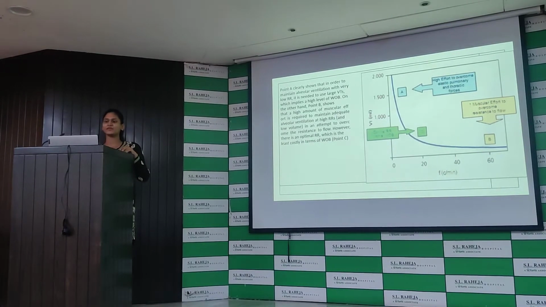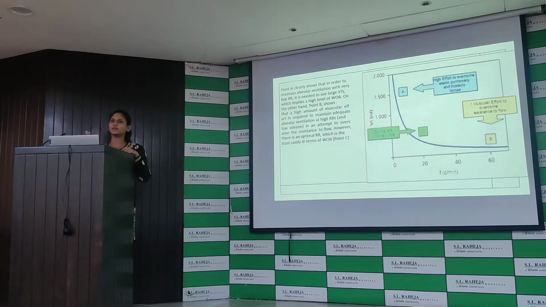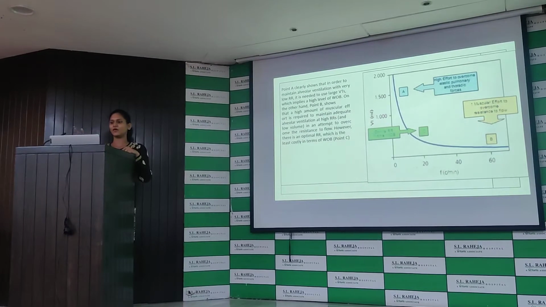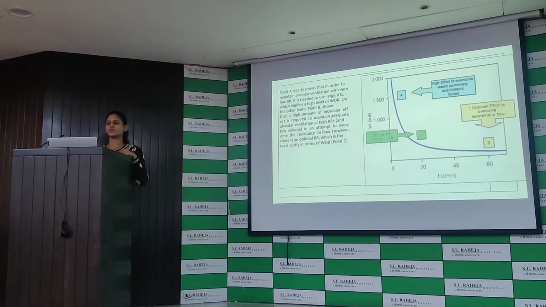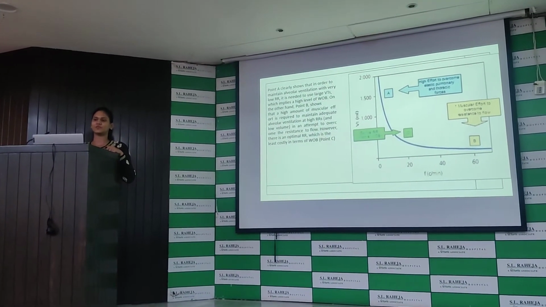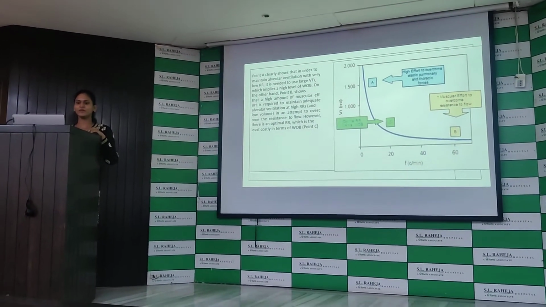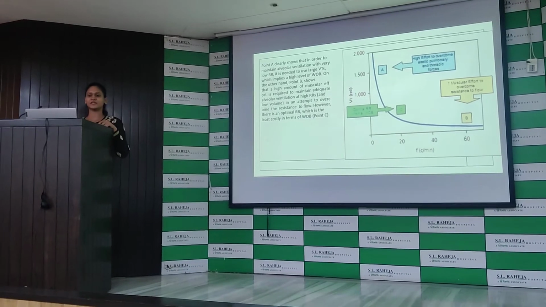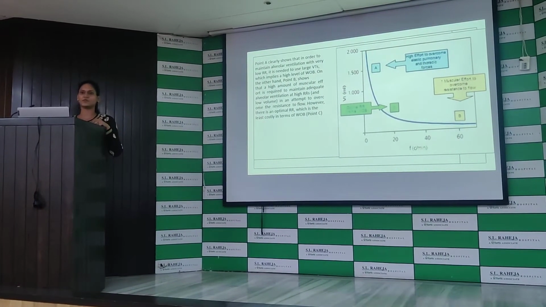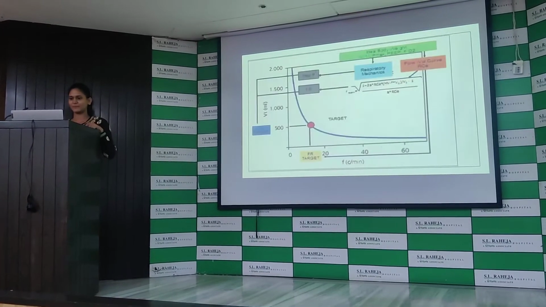At point A, the patient has to overcome the elastic forces, pulmonary and thoracic. However, there is an optimal RR which is least costly in terms of work of breathing, which is point C.